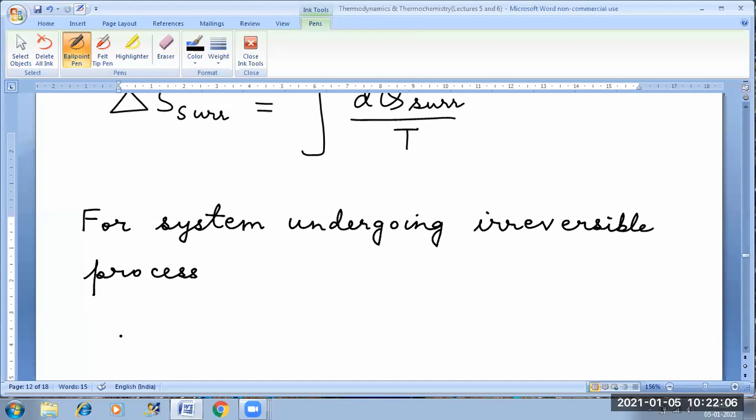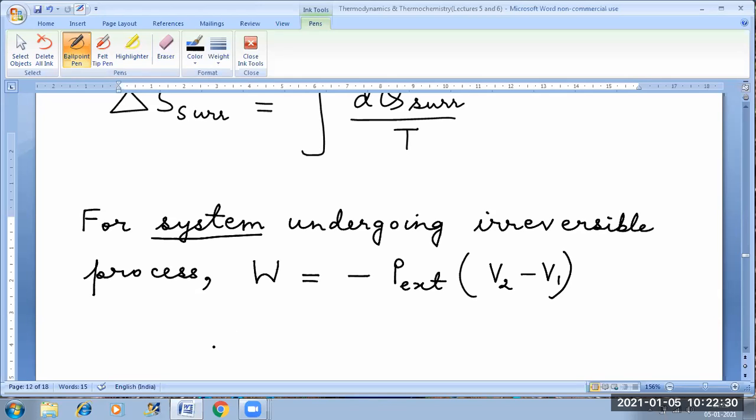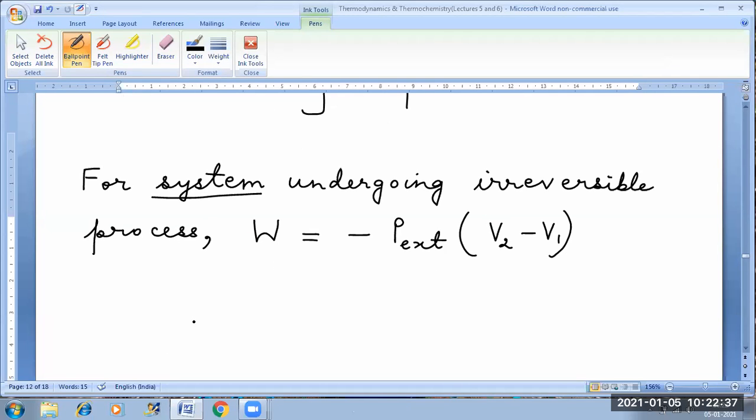Now I'm talking about system. I'm not talking about surroundings. I'm talking about the system now. For system undergoing an irreversible process, I can say that W is equal to minus P external into V2 minus V1. This we have done. Work done in an irreversible process is given by this formula. Okay. So W is equal to minus P external into V2 minus V1.